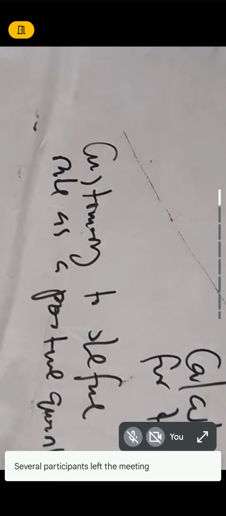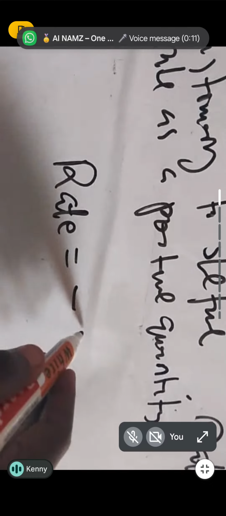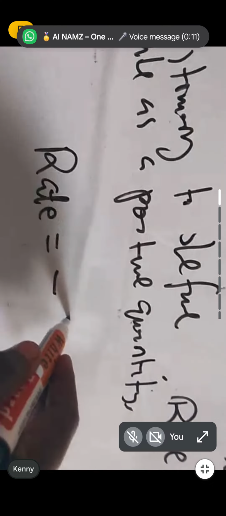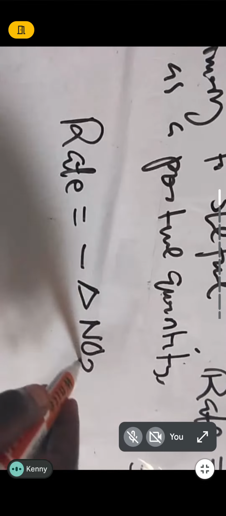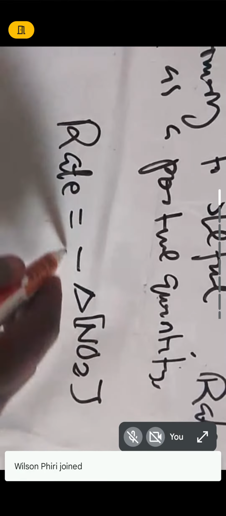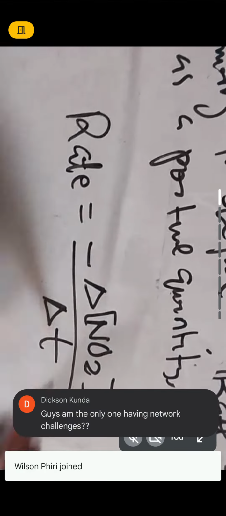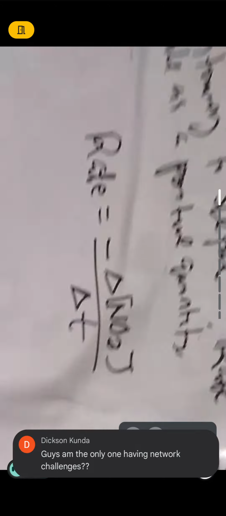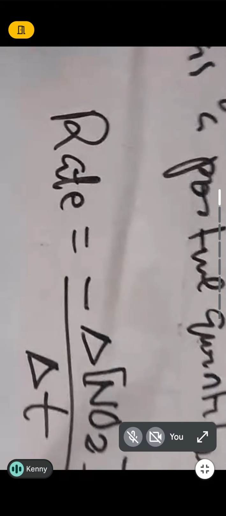Since it is customary to define rate as a positive quantity, we are now going to write the rate as negative delta NO2 over delta T. Why have we introduced the negative?